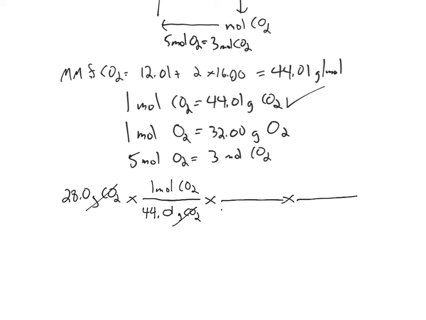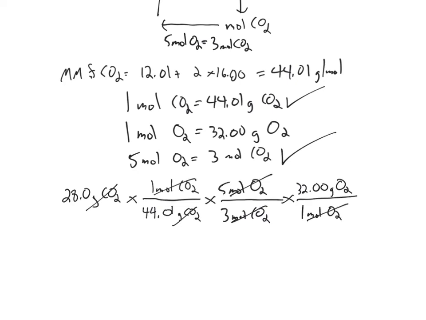Now, 3 moles of CO2, 5 moles of O2. I've used that one. The moles of CO2 cancel. And so finally, 1 mole of O2, 32 grams of O2. The moles cancel.